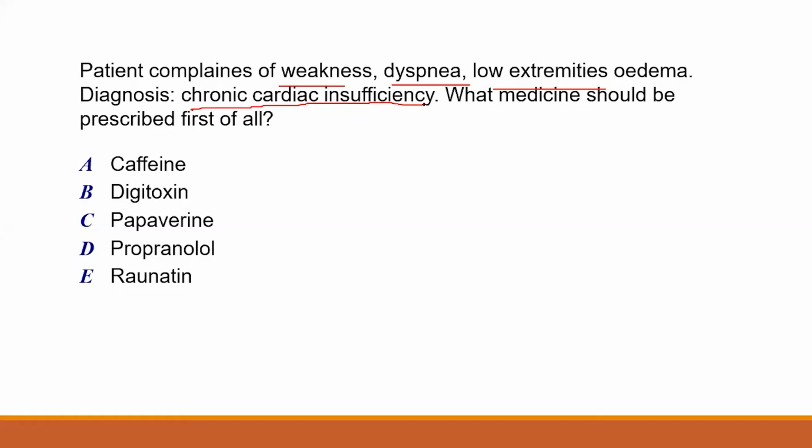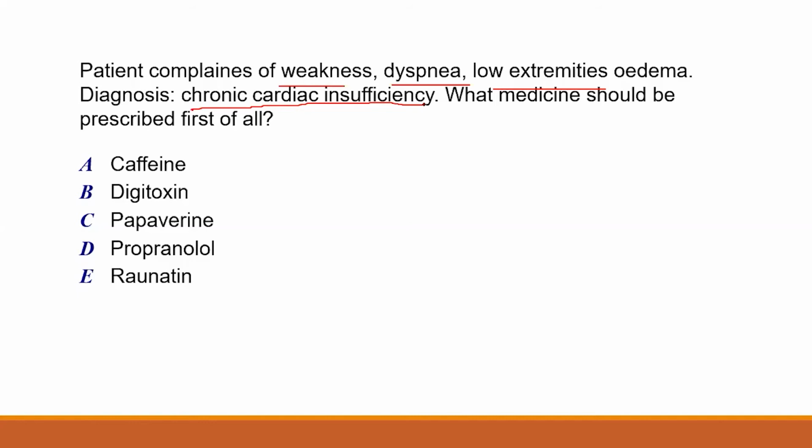Now, this is chronic heart failure, or chronic cardiac insufficiency; these can be used interchangeably. So you want to give a glycoside. Why do you have to give a glycoside? Because a glycoside will not make the heart work extensively, because the more the heart begins to work, the more problems it begins to cause.